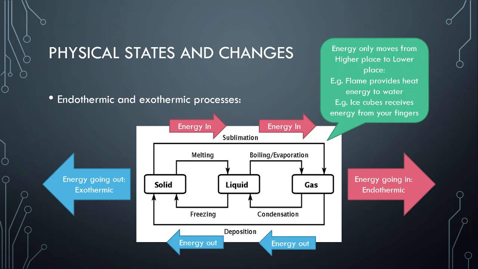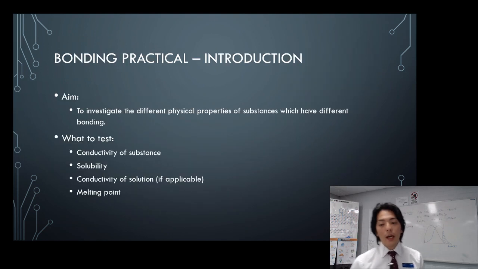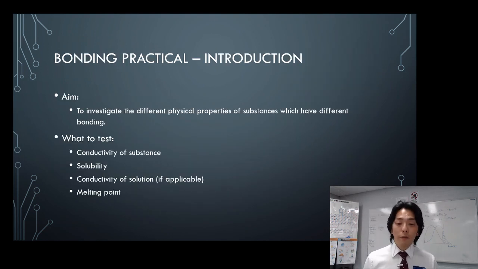Another example would be a flame providing heat energy to water. It's never the other way around. It's not water that's providing coldness to flame. The ice cube receives energy from your fingers. That's something that I already said. So yeah, energy always flows in that one direction.